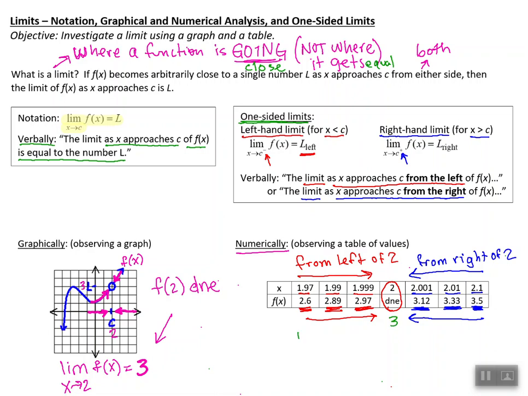So using a table of values, we can observe that the limit as x approaches 2 of f of x equals 3. Noticing what happens from the left side of that x value and from the right side of that x value. Notice that we were able to observe values in both of these situations.